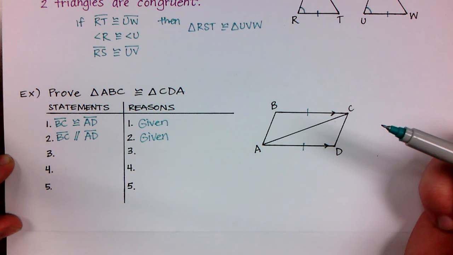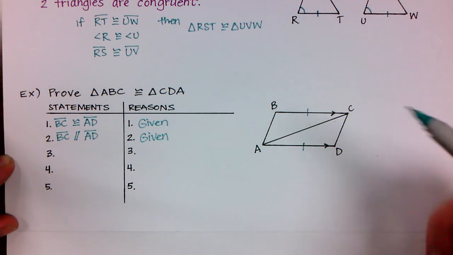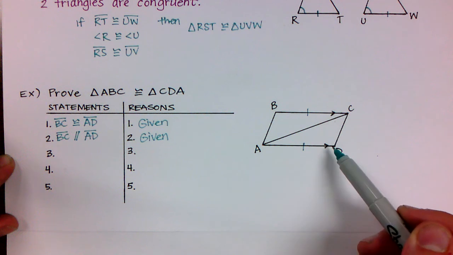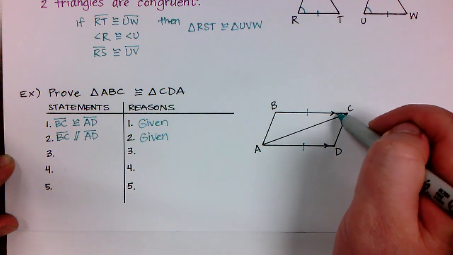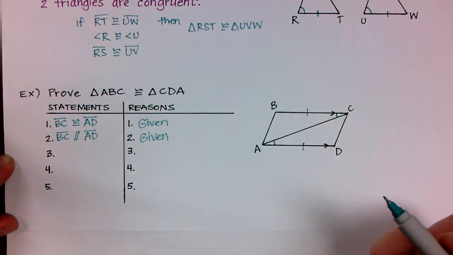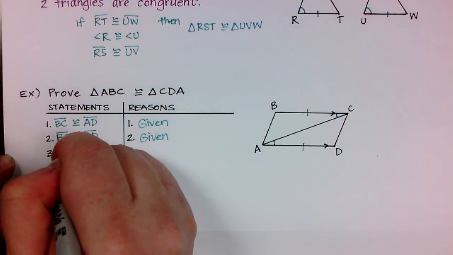I'm looking for an angle now if I want to use SAS, and I can see because these two lines are parallel that this angle right here, BCA, and this angle right here, DAC, are congruent.